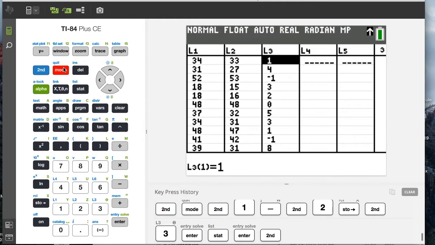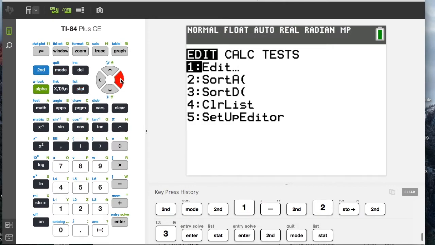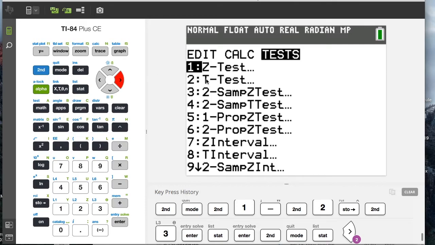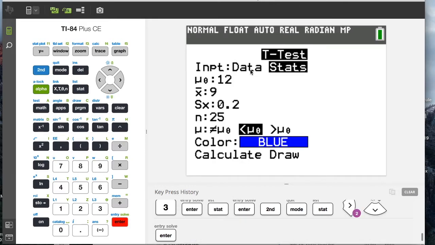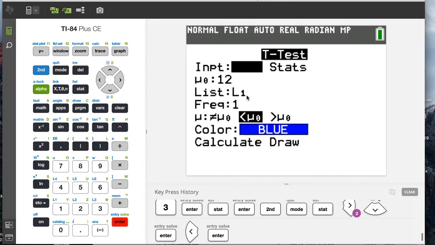So I'm going to quit out of here, stat, go over to test, just like we did before, and I'm going to go to t-test, just like for the normal averages that we did in 8.2. Now for t-test, you're going to have two selections, either data or stats. Since we have a list, I'm going to highlight data. I'm going to plug in 0. For the matched pair test, this mu is always going to be 0, and that's one of the reasons why I showed you the two ways of writing your null and alternate, where you can either have the two averages equal to each other or have the difference equal to 0.